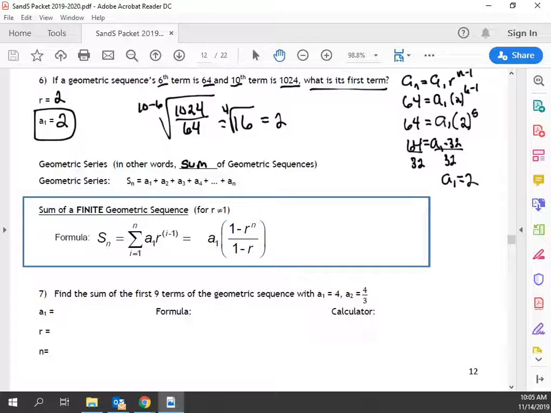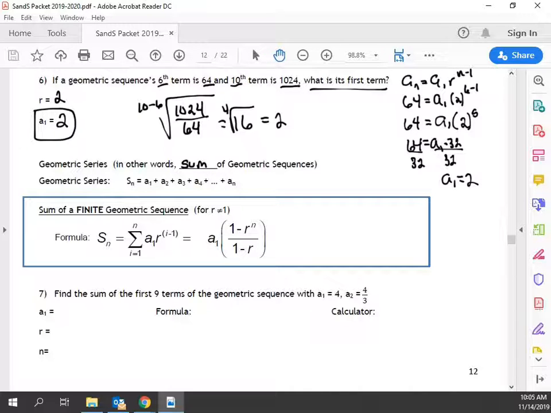For geometric, if I take a certain number and start multiplying it by 1/2, you can do that for infinity. If I take 2 and divide it by 2 an infinite amount of times, will that ever stop? No. So how do you find the sum of that?